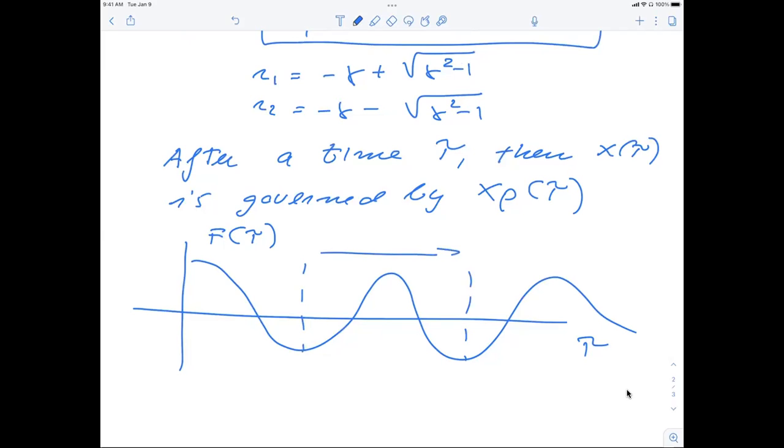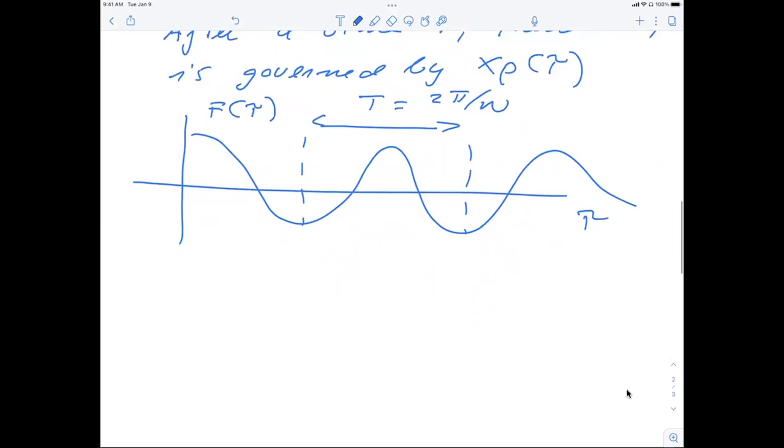So this is something which we call a period, T, and that's defined, as we saw before the spring break, by 2 pi divided by omega. That defines the period. So remember that omega is inverse time. It's a frequency. So 2 pi divided by omega defines the period of this quantity here. This is our f of t.